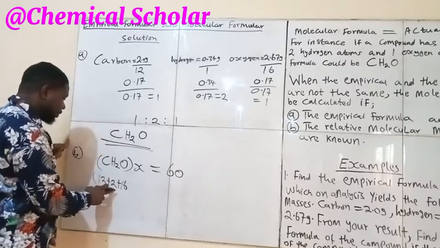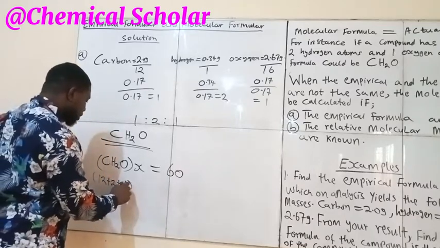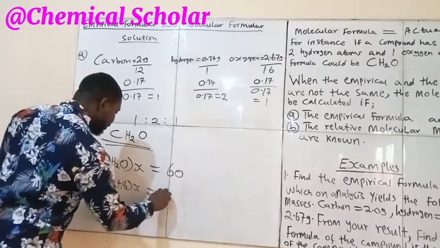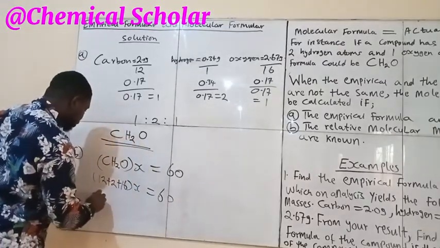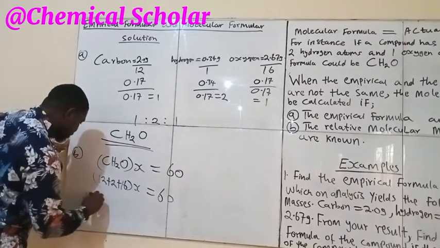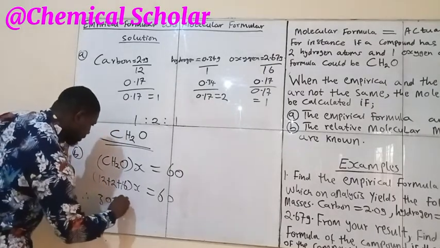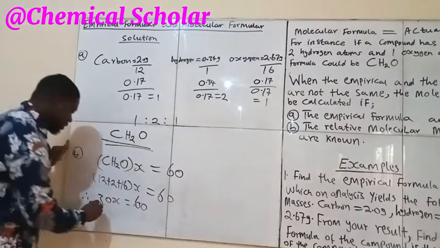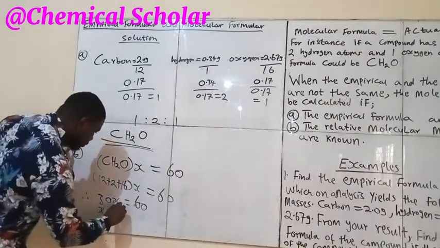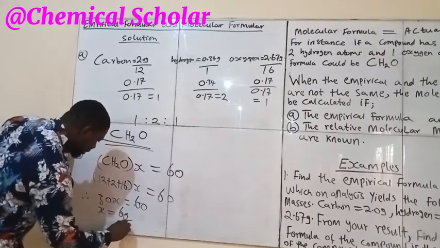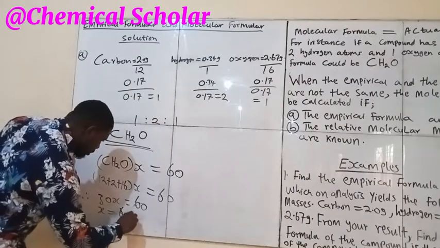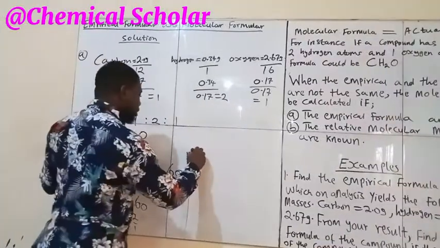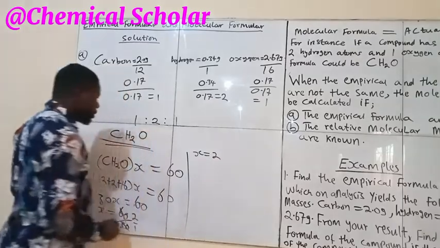So 12 plus 2, which is 14, plus 16, will give us 30. So we'll have 30X equal to 60. So X will be equal to 60 divided by 30. If we divide through, X will be equal to 2.